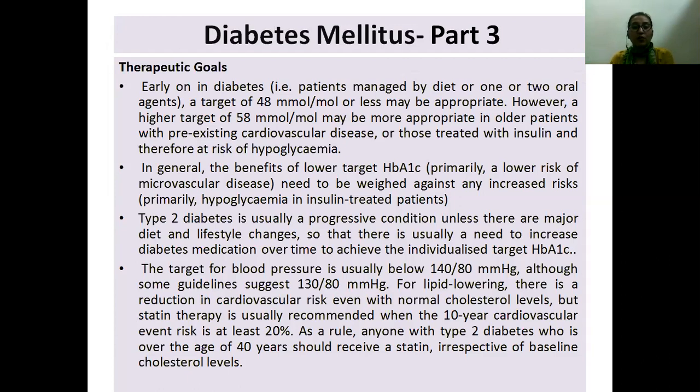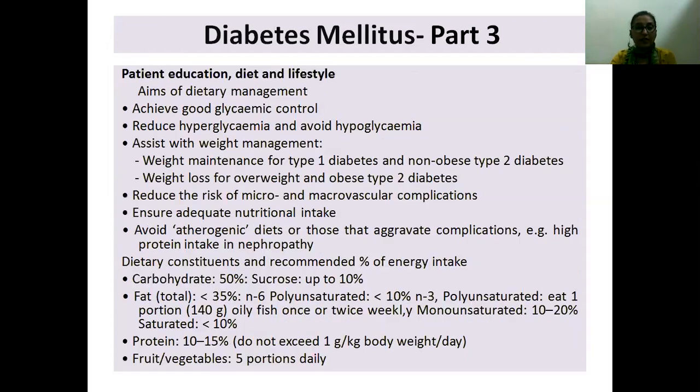For lipid-lowering agents, there is a reduction in cardiovascular risk even with normal cholesterol levels. Statin therapy is usually recommended when the 10-year cardiovascular event risk is at least 20%. As a rule, anyone with type 2 diabetes who is over the age of 40 should receive a statin irrespective of the baseline cholesterol levels.